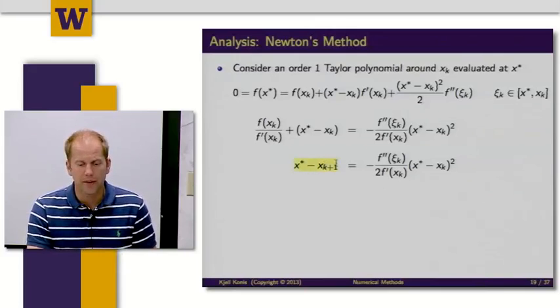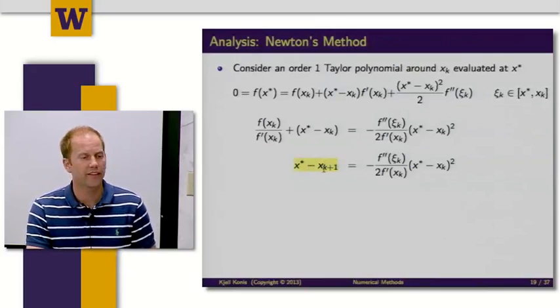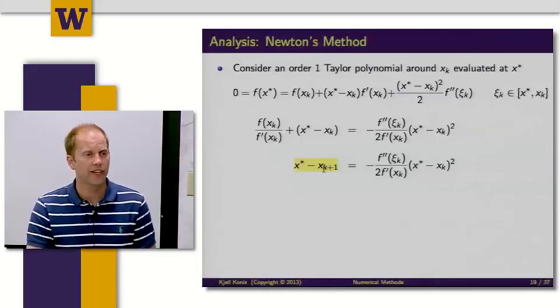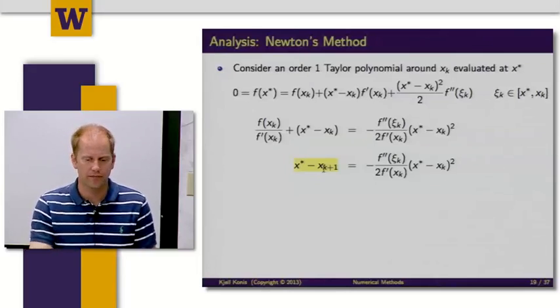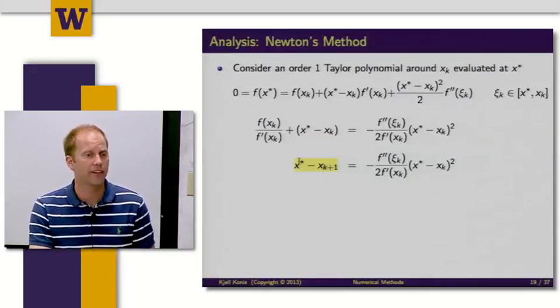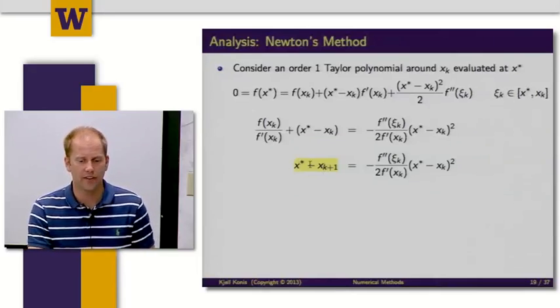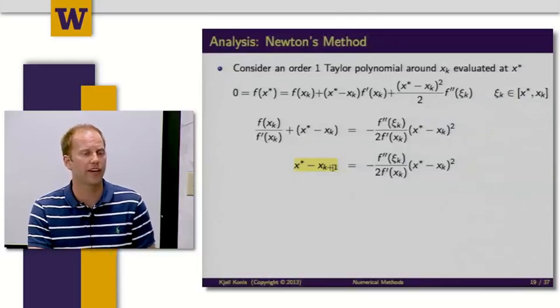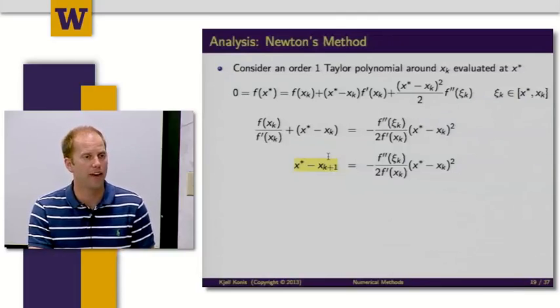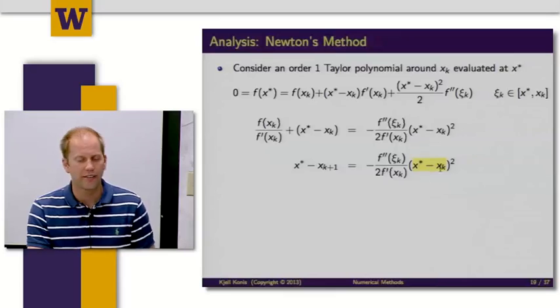But if I think about this, what is that? That's the distance between the most recent value in my Newton's method sequence and the true value. So I'm going to think about that as the error, and I'll call this epsilon sub k plus 1. It's the difference between the thing I'm trying to get to and where I am right now after k plus 1 steps. And then if I look at the right-hand side, this is exactly the same thing.